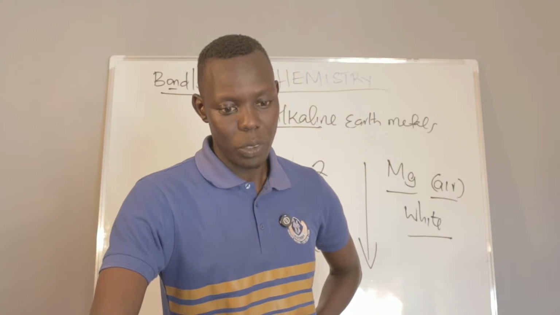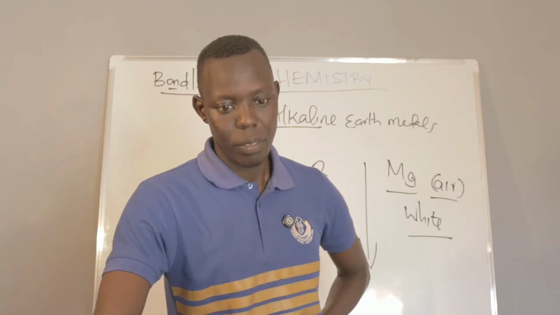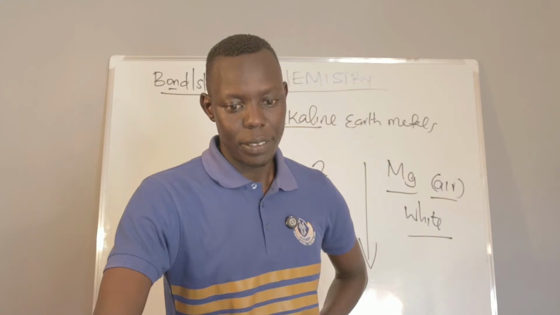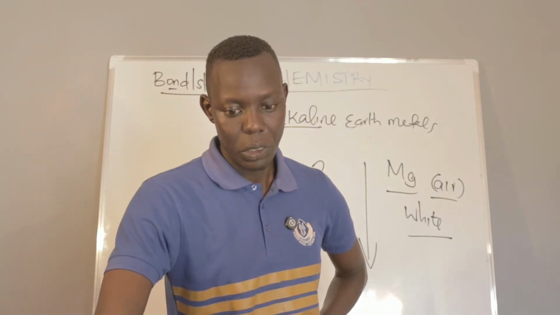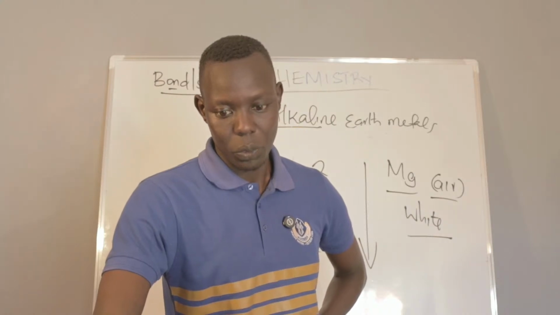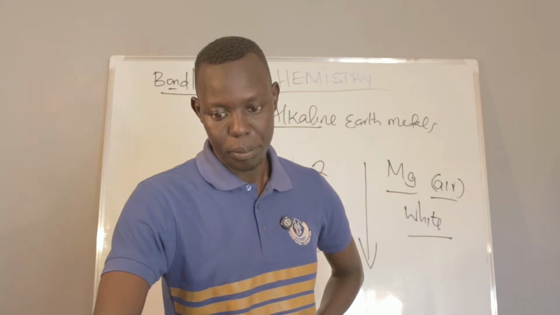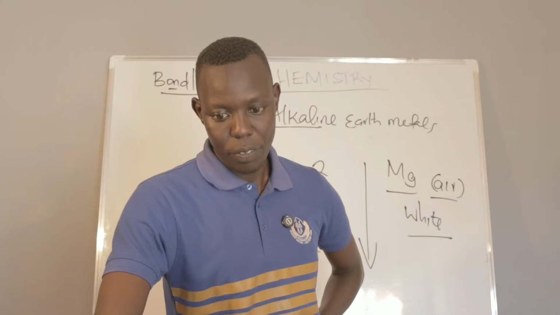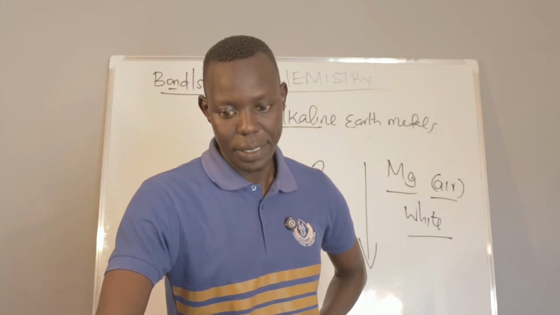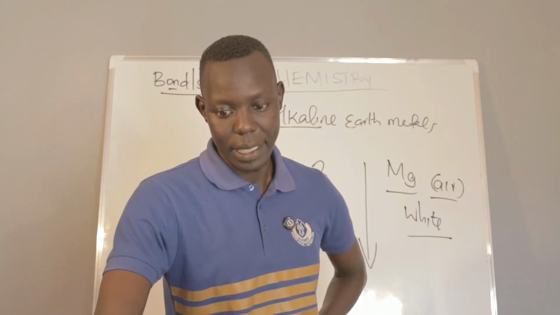Now, there's a question here: state and explain what is observed. Let me paste the question in the comment section so that we can all look at it. The question reads, state and explain what is observed when magnesium ribbon reacts with dilute hydrochloric acid and sulfuric acid.